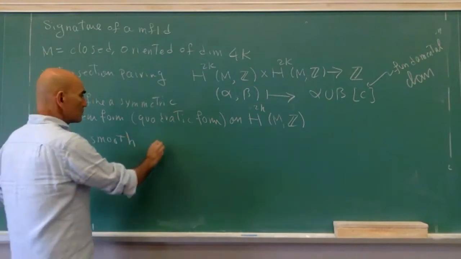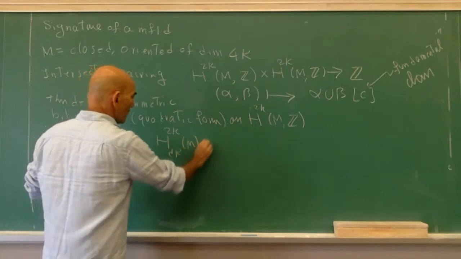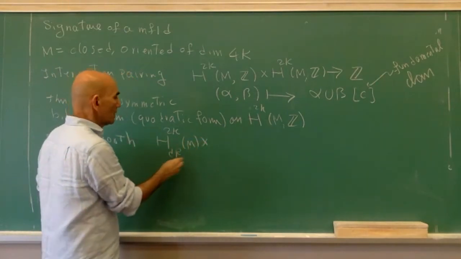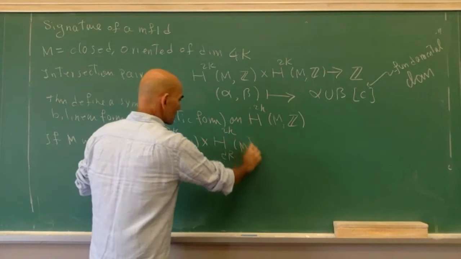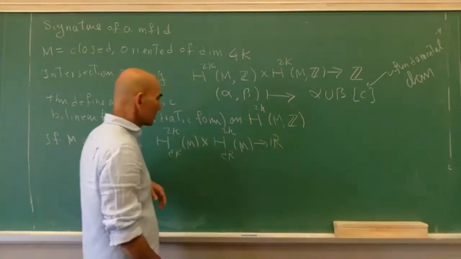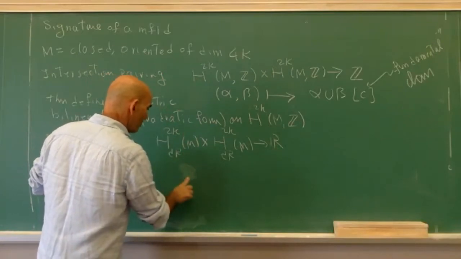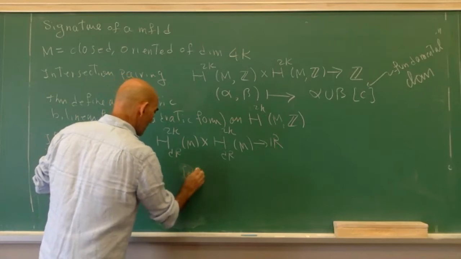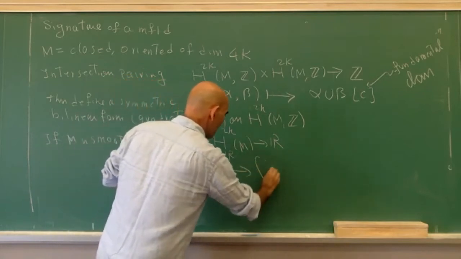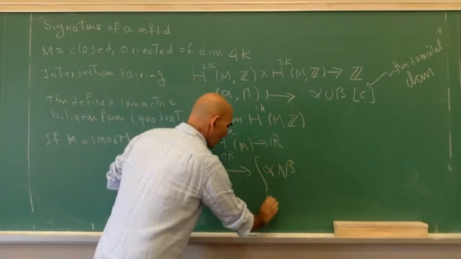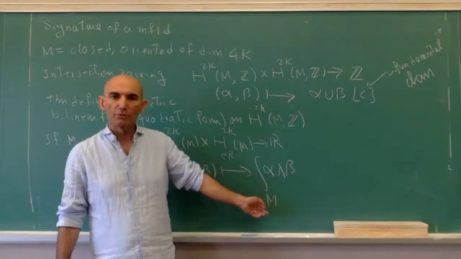You can just take this map from the middle de Rham cohomology of M, which is a vector space over R, to R. So again, for 2K form classes alpha and beta, you send them to the integral of alpha wedge beta over M. Remember, this is a 2K form, and the wedge is a 4K form, and you integrate over the manifold.